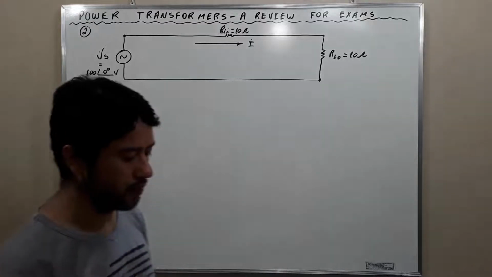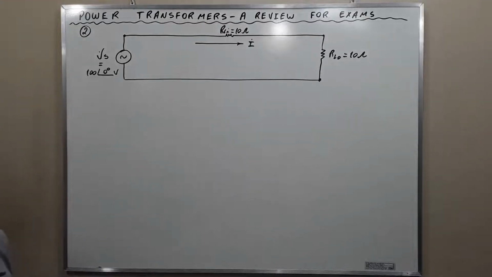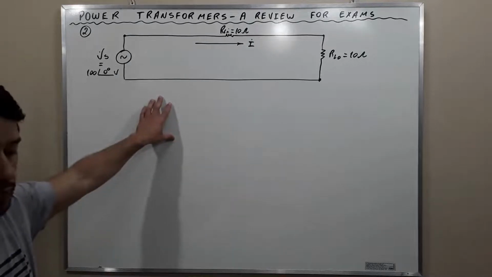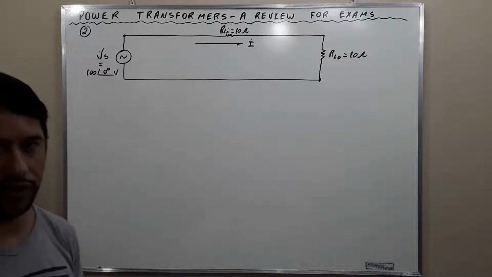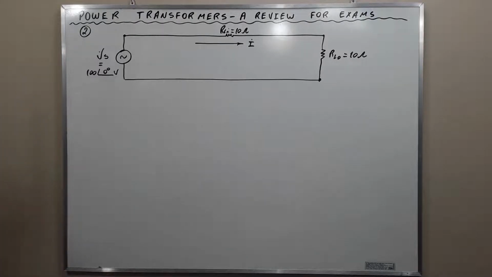Exercise number 2. For the circuit of the figure, calculate the percentage of the generated power lost in transmission with no transformers in the circuit, and when 10 to 1 ideal transformers are used.